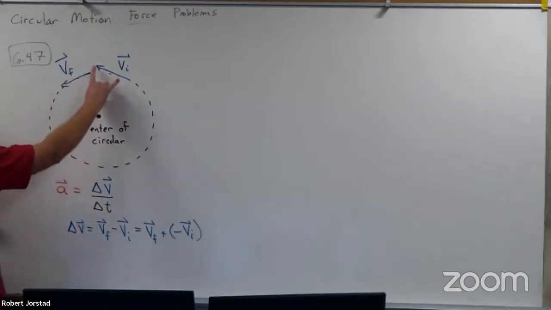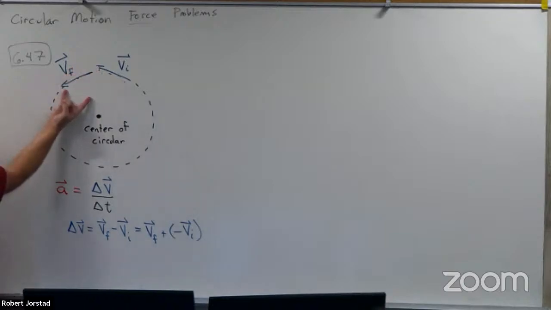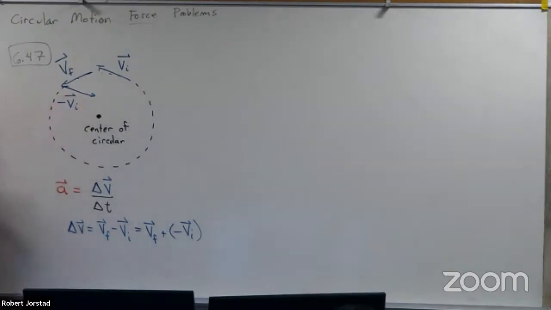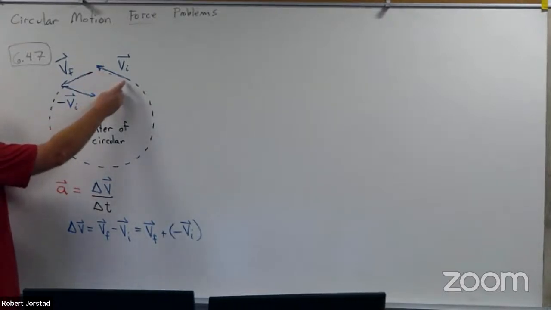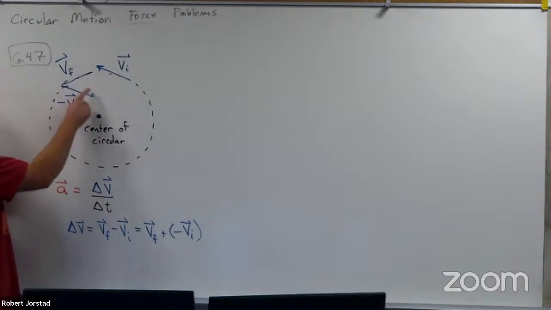So this one's pointing up this way. If I flip it, it's going down this way, right? Take a second to make sure you believe this. If v initial goes to the left and up, negative v initial should go to the right and down.